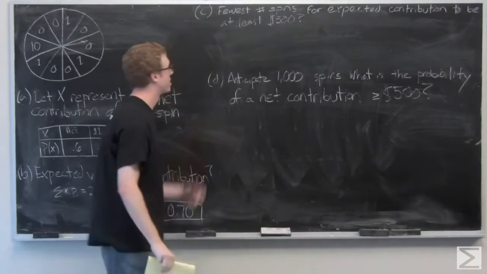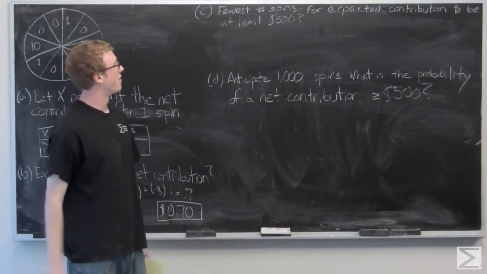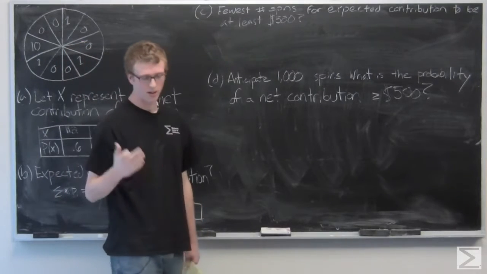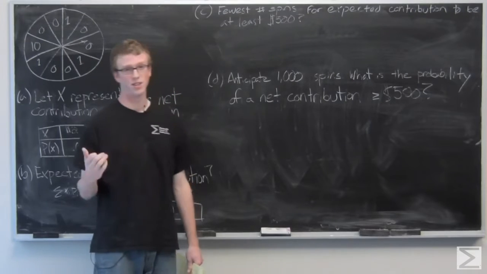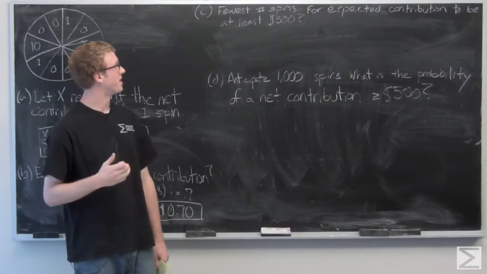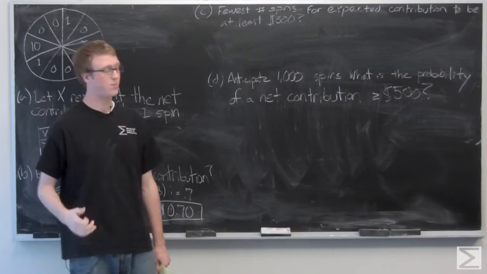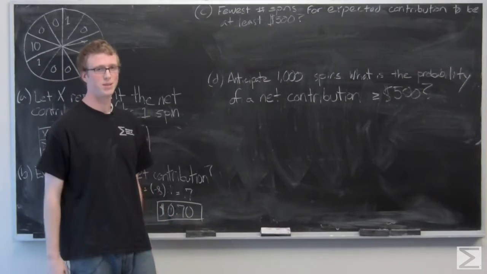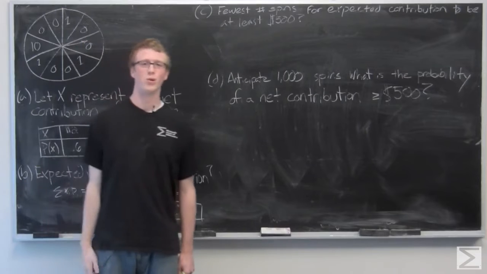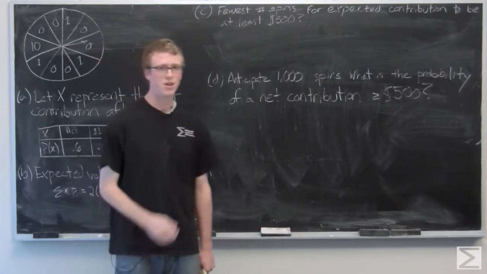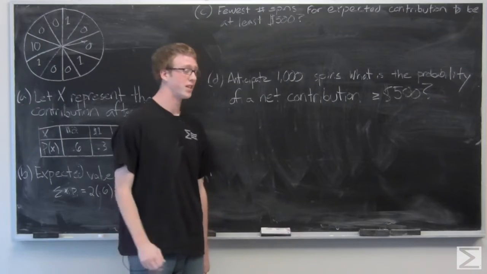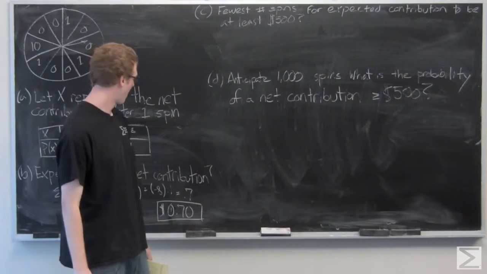So now the question asks us to move on, and the charity is looking for a net contribution of at least $500. So we need to find out the fewest number of spins, the fewest number of times we need people to play this game in order for that contribution to be at least $500. So we're going to let N represent the number of spins that we're looking for.